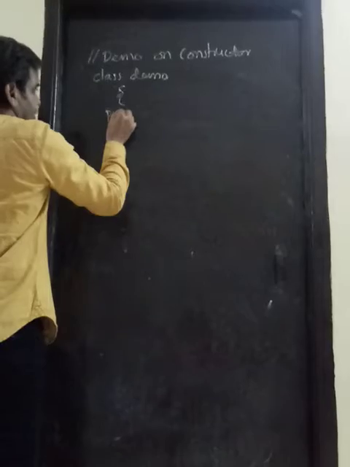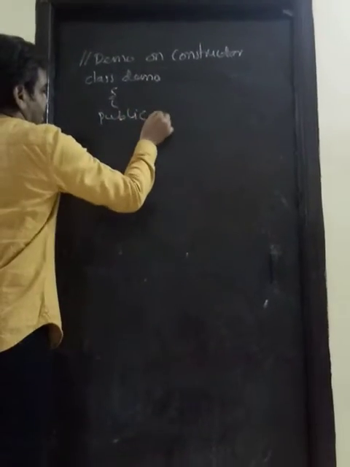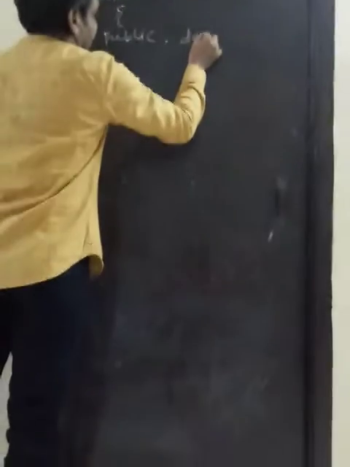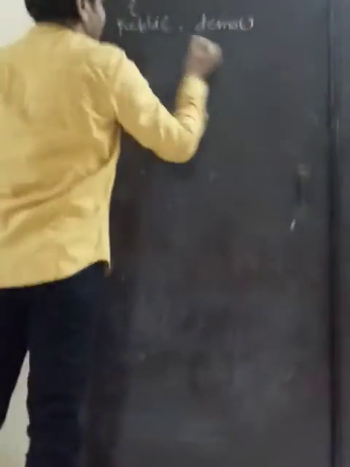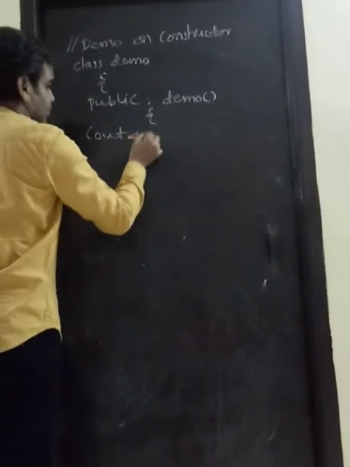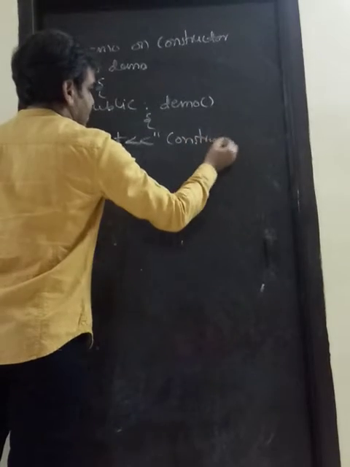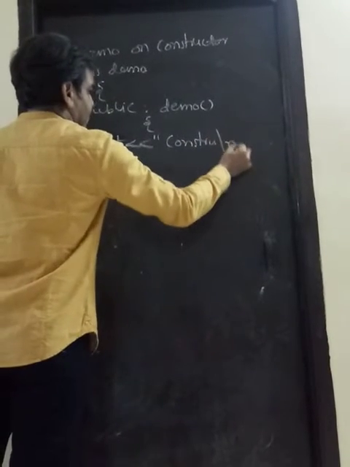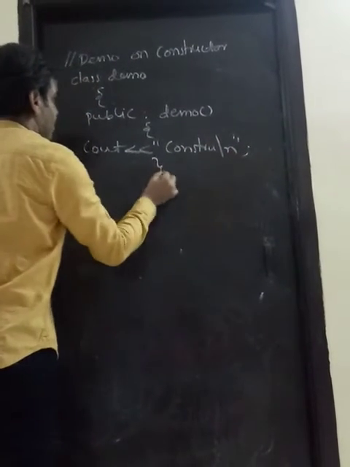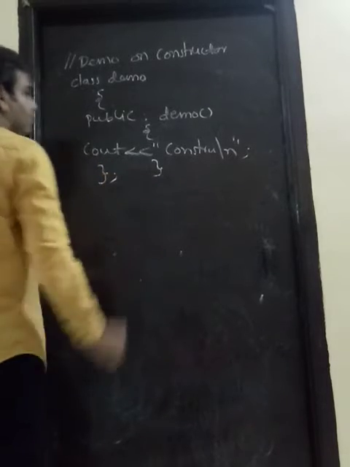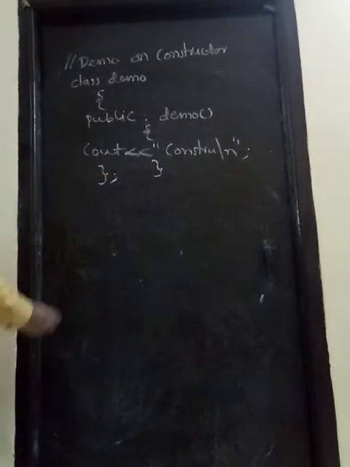I am directly taking public, and in public I am writing the constructor. Then I close.